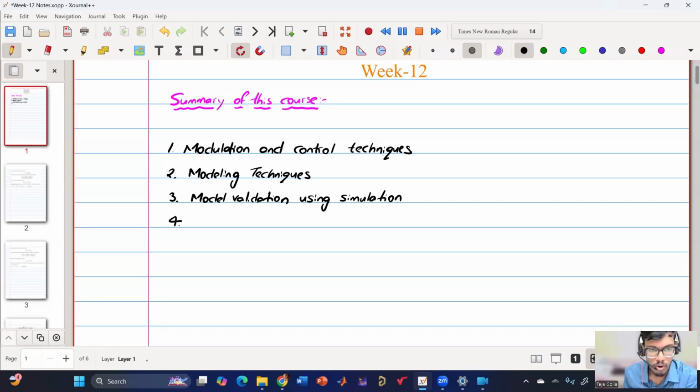Then once the large signal model is validated, we have moved to the small signal model. So we have discussed small signal based design.